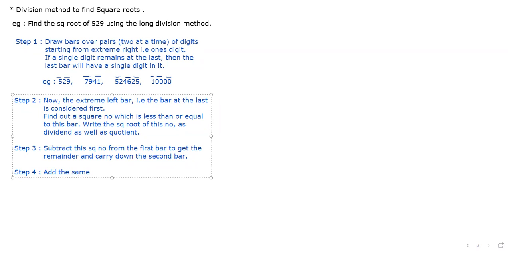Step 4. Add the same number, the quotient term, to the divisor.